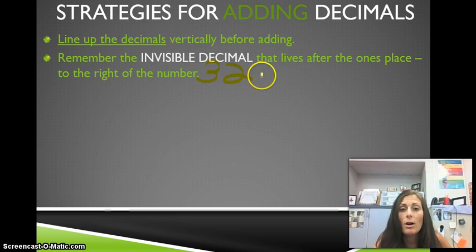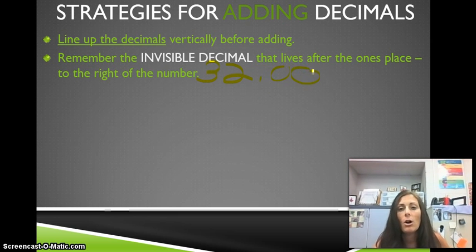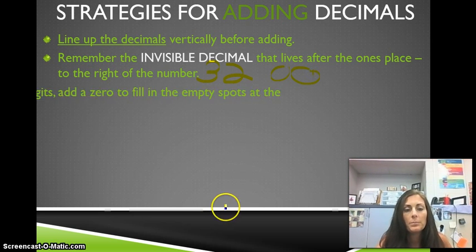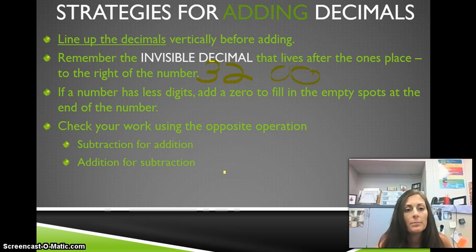So if it's $32, you know your decimal has to be there. And then always add the zeros to fill in the empty spaces. If a number has fewer digits, add a 0 to fill in the empty spots at the end of the number, just what I did up above. Check your work using the opposite operation, subtraction for addition or addition for subtraction.